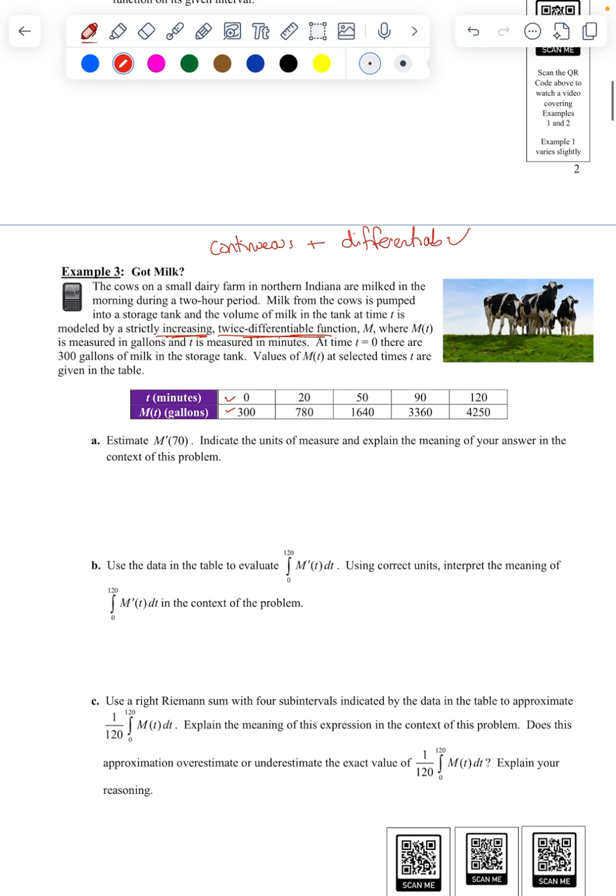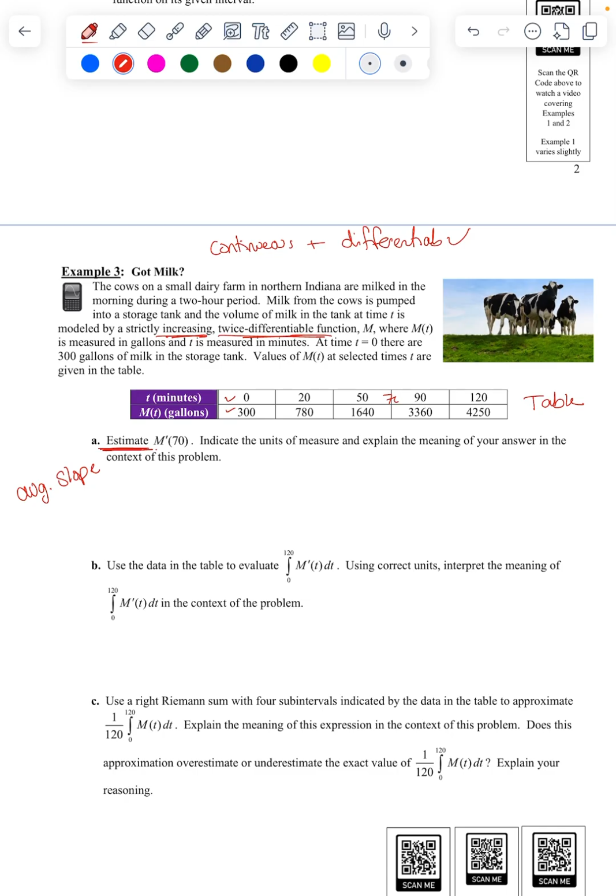So let's estimate m prime of 70, which basically means, what is the derivative? Using this table, let's estimate the slope of m at 70. So this is just asking for the average slope. Now, from a table, you can't make up your points.